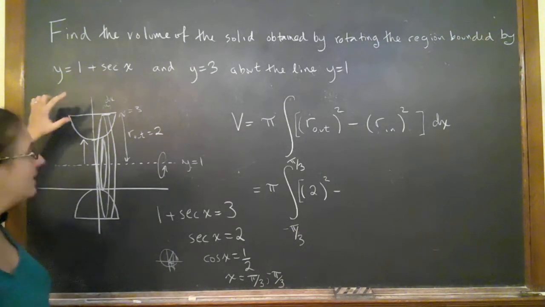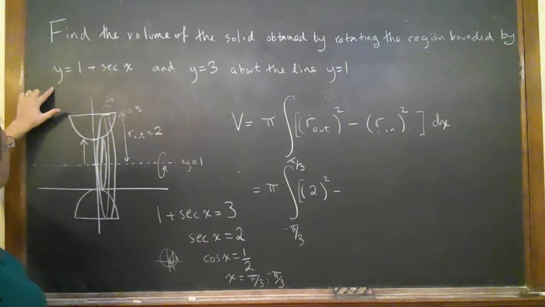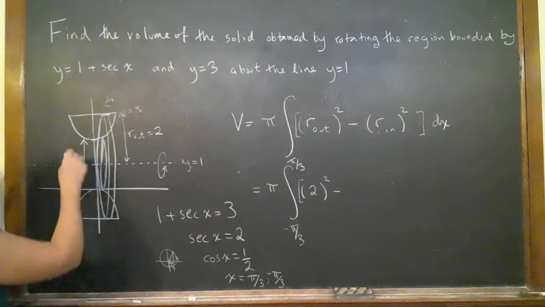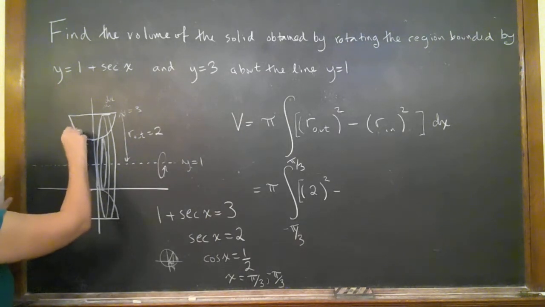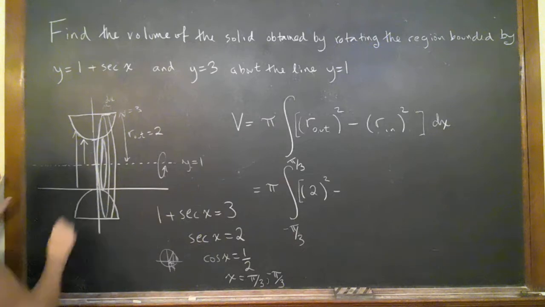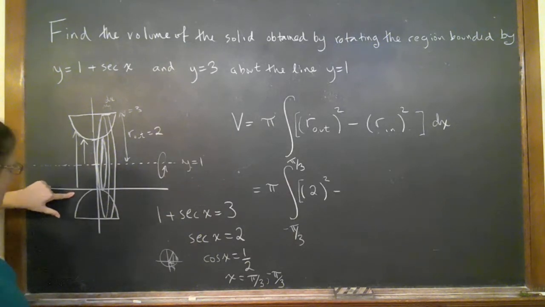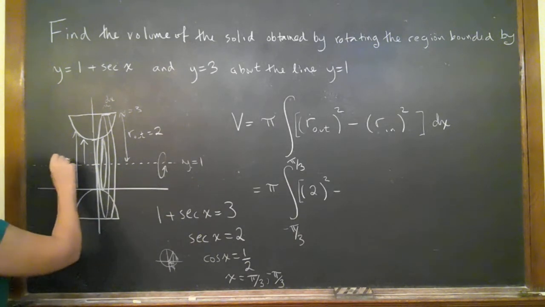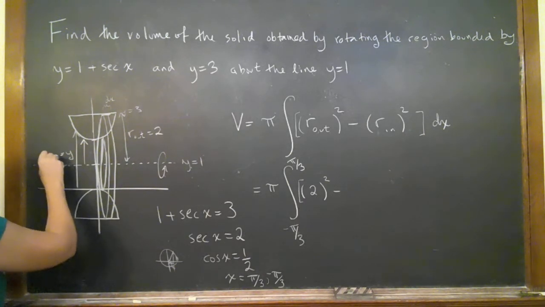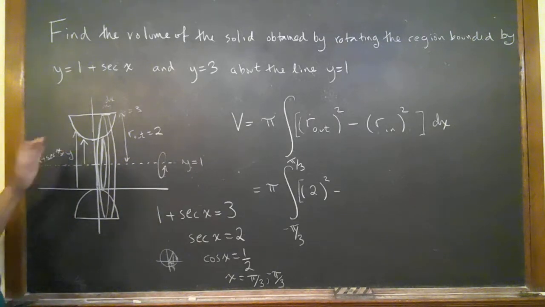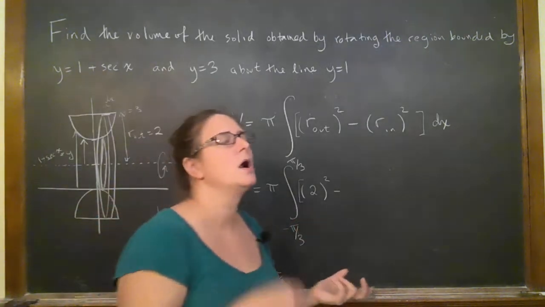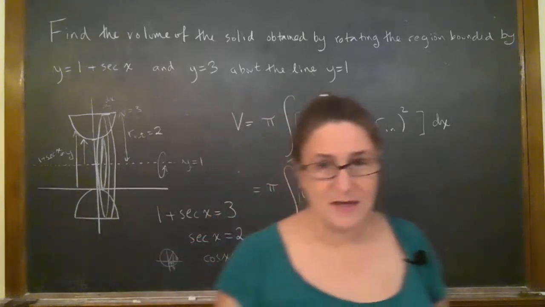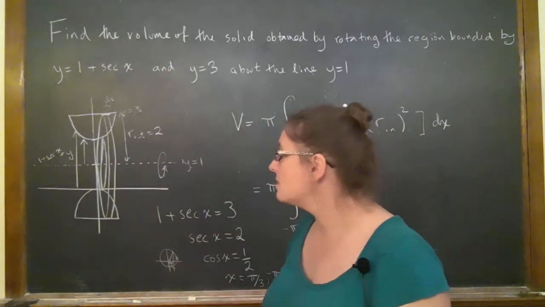So how are you going to figure that out? This y is measured from the axis. So this is your y equals 1 plus secant x, which would have been the radius if we were rotating around the x-axis, but we're not, right?